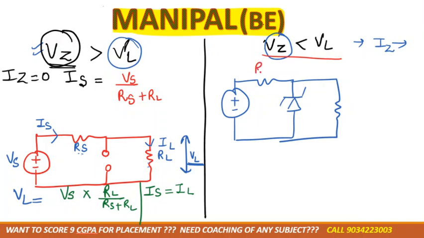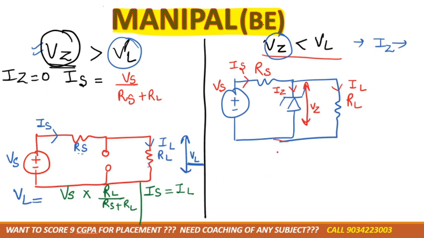This would be Rs, this would be RL, the voltage across the zener would be Vz. Current flowing in the zener is Iz, current flowing in the load is IL, voltage is Vs, right? And here the current flowing is Is.